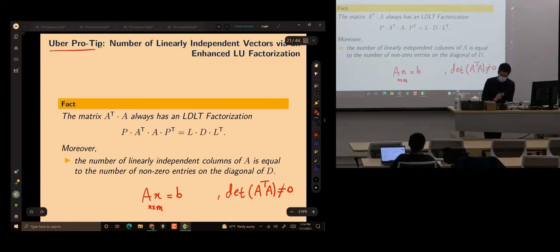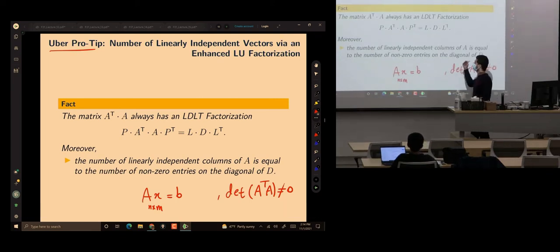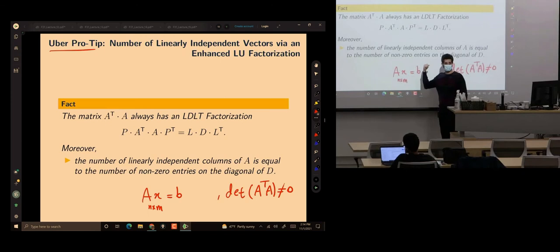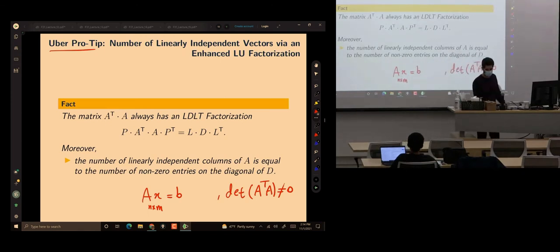That led to the Uber protip. So this is something that you want to remember, because with this, you can look at columns of L and D, where D is a diagonal matrix, and say exactly which column of A is linearly dependent. That sounds like a more specific tool, because one thing is to know that the columns are not linearly independent.